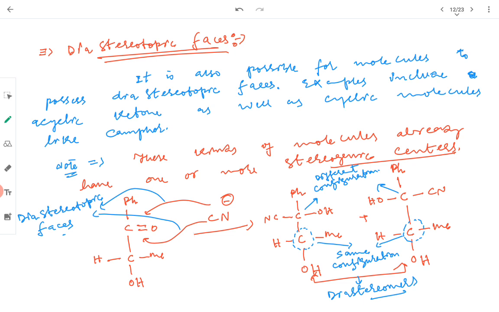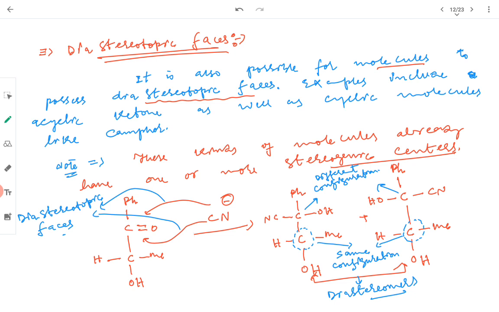What are diastereotopic phases? It is also possible for molecules to possess diastereotopic phases. For diastereotopic phases, you have to keep one thing in mind. Like in the case of diastereotopic atoms or groups, in the case of diastereotopic phases, a molecule must already have a chiral center.